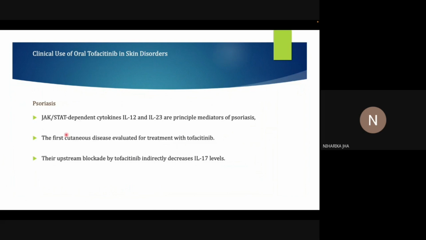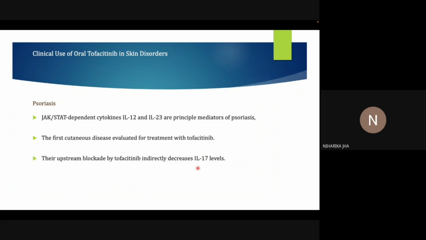How does it work in psoriasis? It inhibits the JAK-dependent cytokines such as interleukin 12, 23, and interleukin 17 as well. If you remember, ustekinumab is a biological which inhibits interleukin 12 and 23, and secukinumab is another biological which inhibits interleukin 17. Tofacitinib is not a biological.